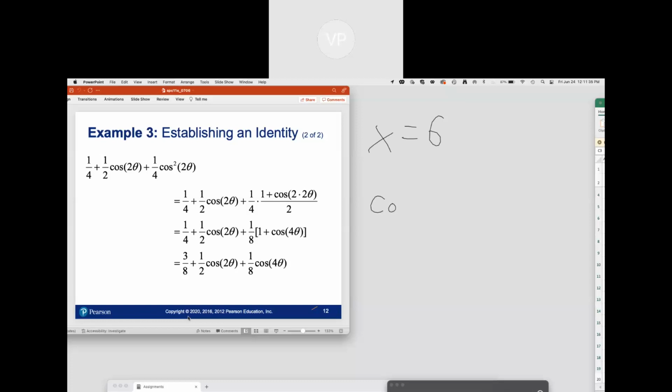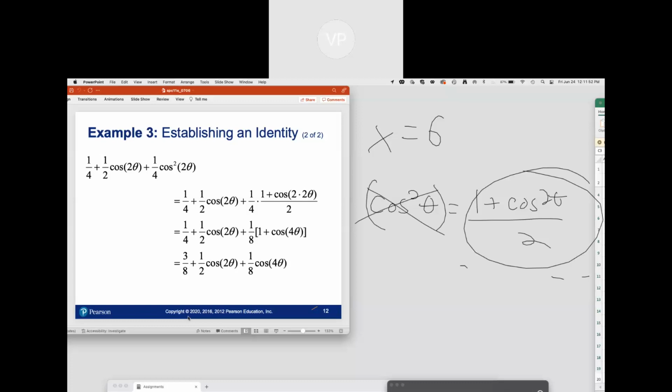No big deal. So in this case, anytime you have a cosine square of something, it's always going to replace with 1 plus cosine 2 theta over 2. You just wipe it out and you replace it. It's just a clean sweep. Get rid of this, put this in its place.